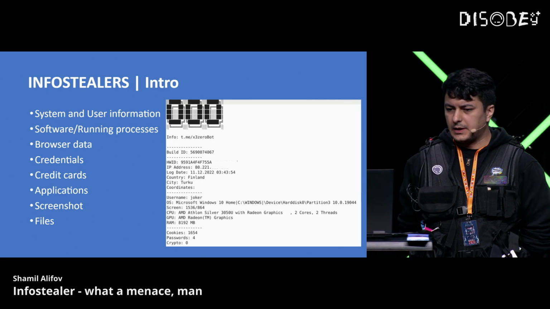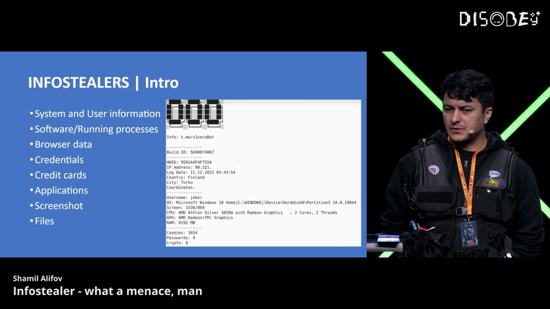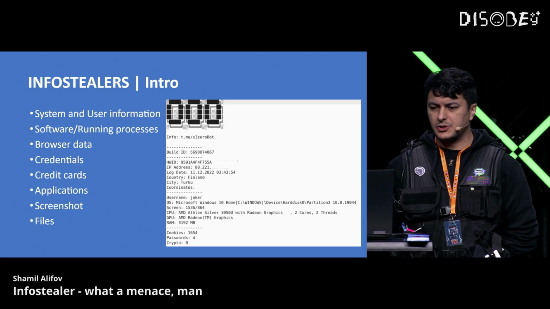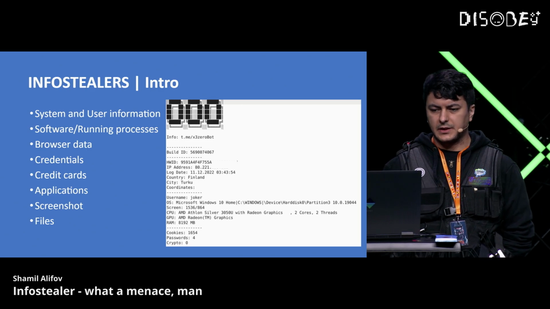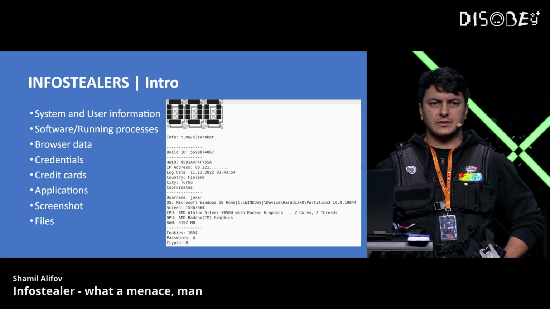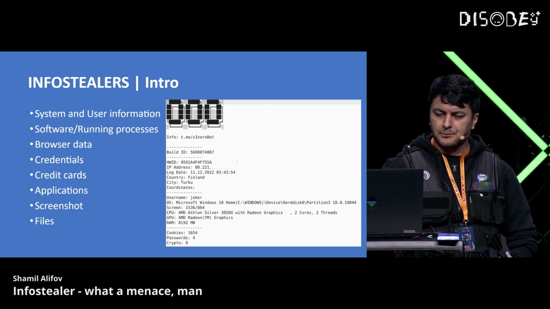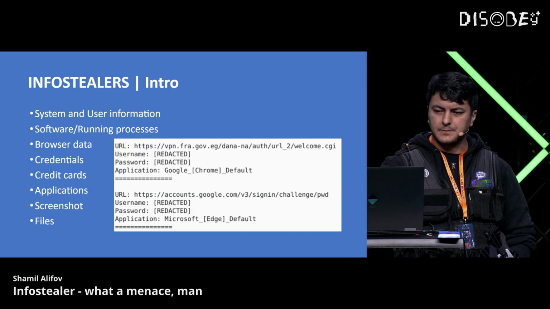And as you can see, it pulls a lot of interesting information from the victim device, like hardware ID, IP address, geolocation, as well as the hardware details, like username and what kind of screen resolution or what kind of keyboard layout are on the victim machines.